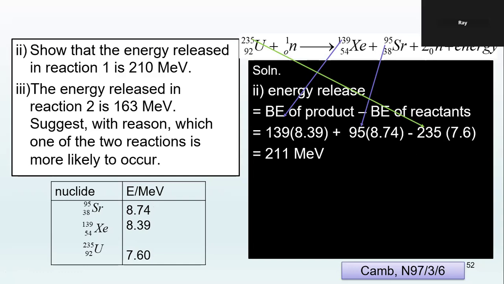The energy released in reaction 2 is 163. Suggest the reason which one of the two reactions is more likely to occur. Which reaction, one or two?